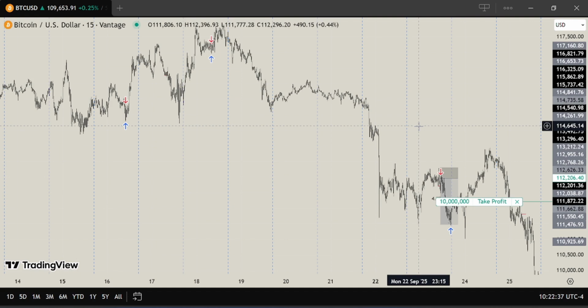So if you're listening to traders saying you need to make only one-to-one trades, only 1 to 2 trades, it's going to be very, very difficult for you to make a breakthrough in trading, because those RRs are very small, and trading is so unpredictable.